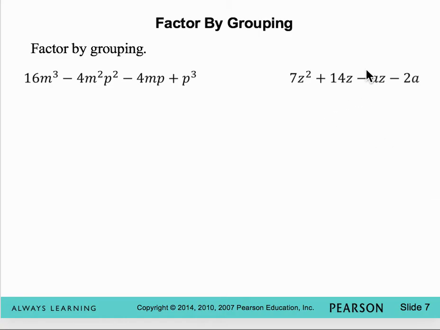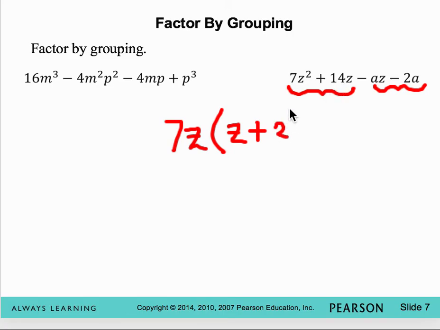Okay, they don't all have a numeral, they don't all have an a or a z, so it's another factoring by grouping. Here, these two terms both have a 7z. Put your parentheses after you pull out your common factor. What's left in this term would just be a z. What's left from this term would just be a 2. You got a minus, so be careful with your signs.